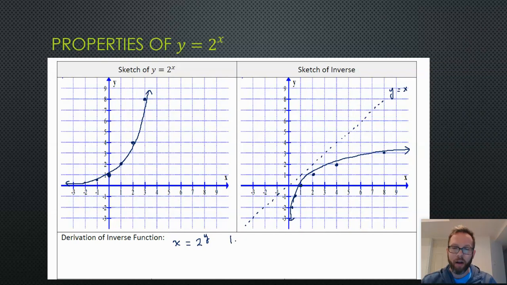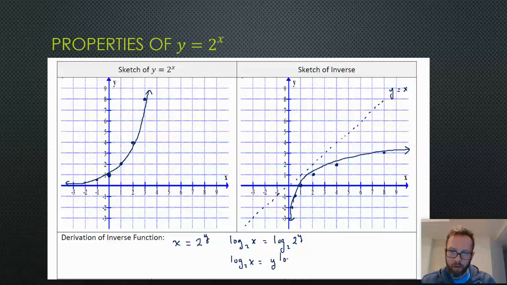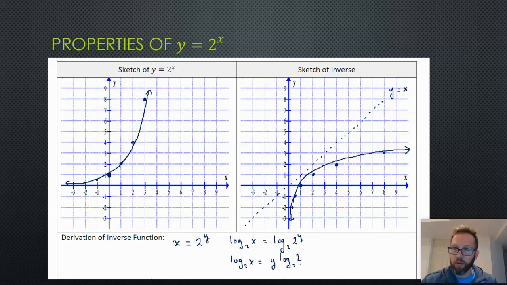If I take the log base 2 of each side, log base 2 of 2 to the power of y, using our log rules, I can bring down the y. So y times log base 2 of 2, and log base 2 of 2 is just 1, because 2 to what exponent gives you 2? Well, it's just 1. And we get the inverse function y equals log base 2 of x. Nothing really crazy new here, just a bit of review.